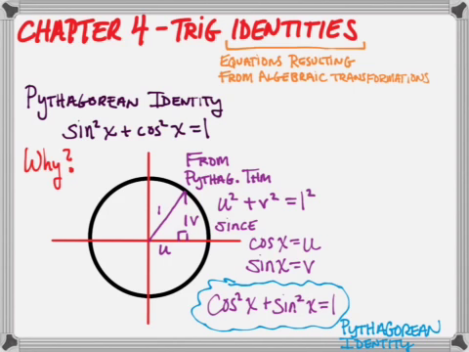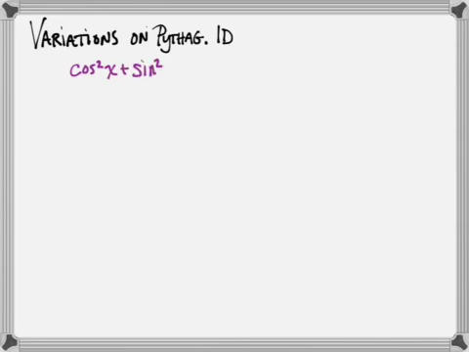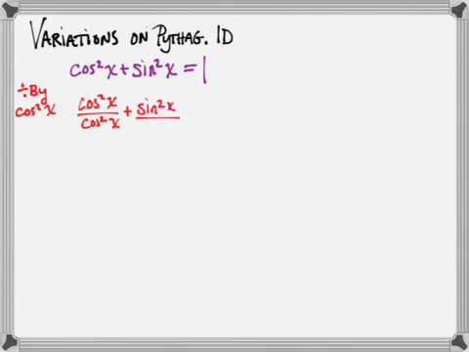All right, so we have a couple of variations on the Pythagorean identity. And we do some transformations to get different looks at the same thing. So if I start with my Pythagorean identity, and I divide everything by cosine squared x, I get cosine squared x over cosine squared x, sine squared x over cosine squared x, and 1 over cosine squared x. So I haven't done anything. I have a division property of equality.